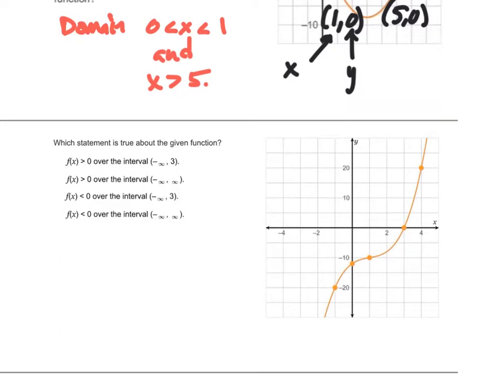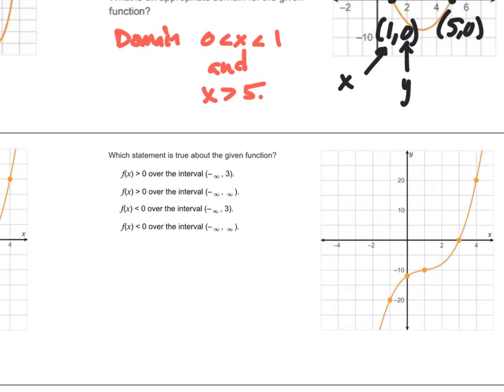All right, let's take a look at another one. It says, which statement is true about this given function? We have that same function, and it says f of x is greater than 0 over that interval. Remember, f of x means a y value.